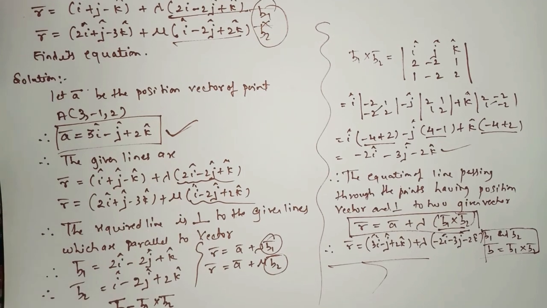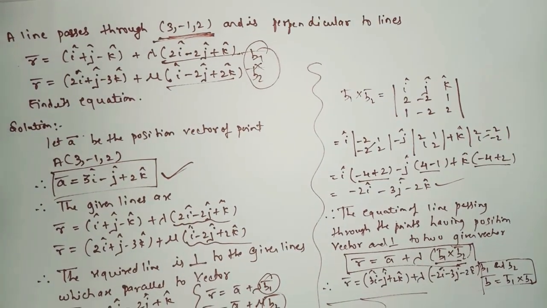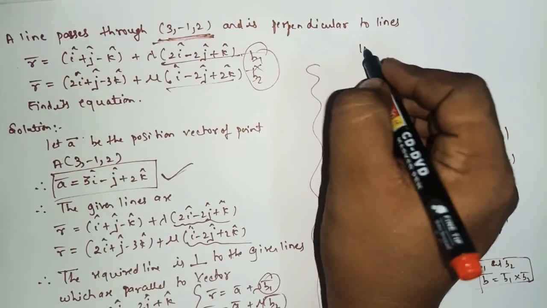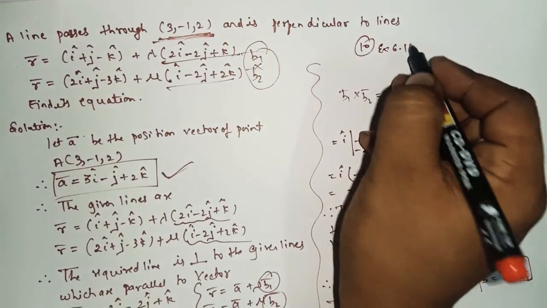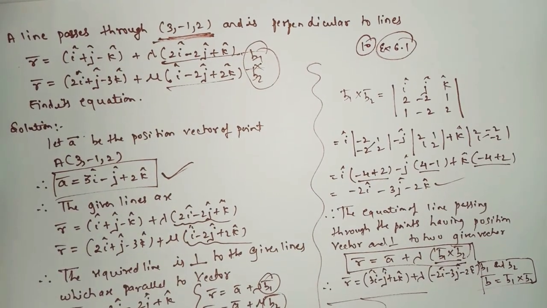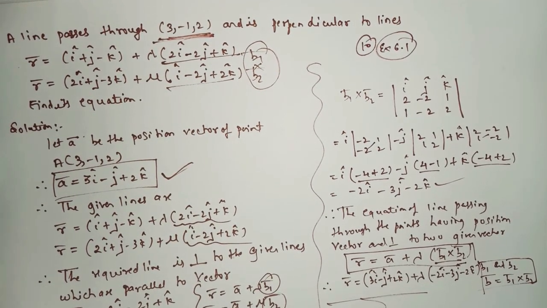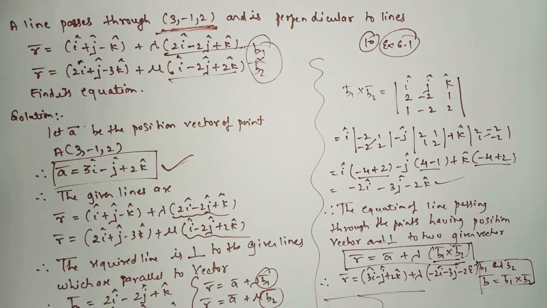This was the only sum based on the vector equation, question number 10 from exercise 6.1, and we are left with only one sum from the exercise, which we'll see in the next lecture. I hope you all understood all the concepts and sums based on the Cartesian equation. Till then, goodbye, see you in the next lecture, where we'll see the remaining sums.